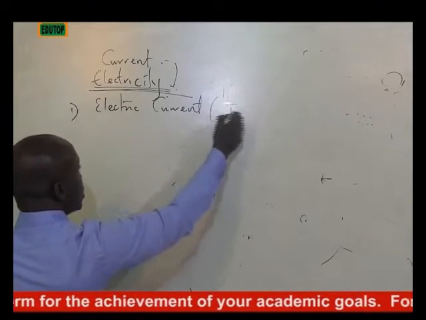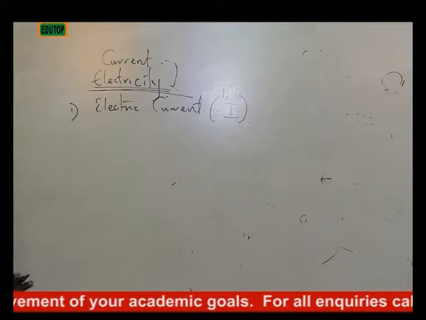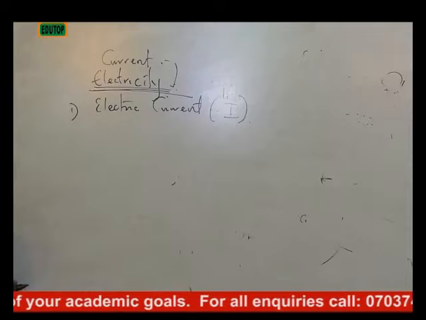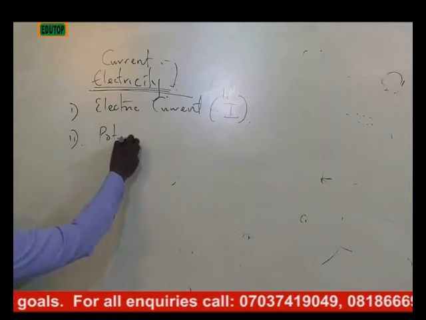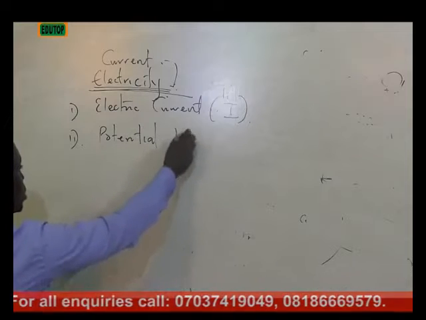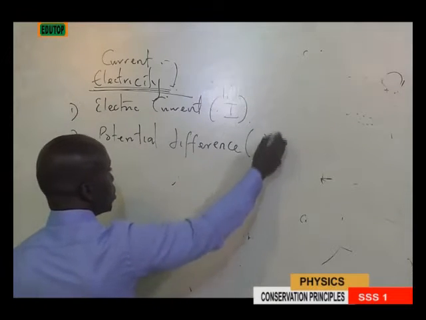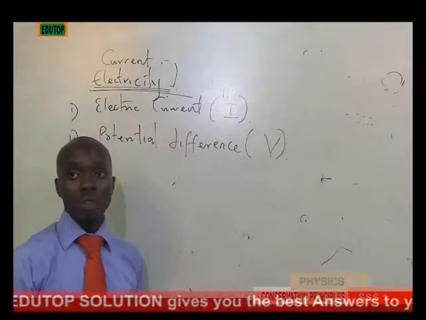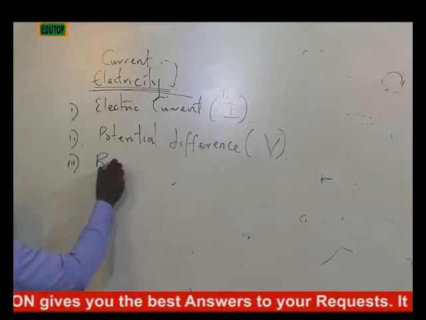Electric current is denoted by I in physics. We're also looking at your potential difference, which is denoted by V. The last one we're looking at is your resistance.